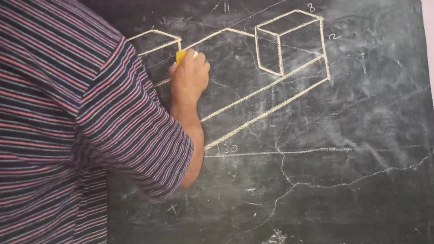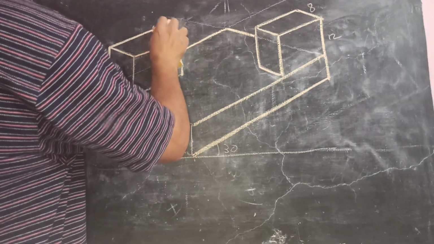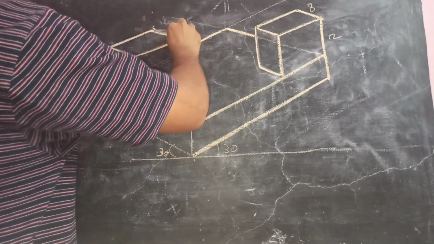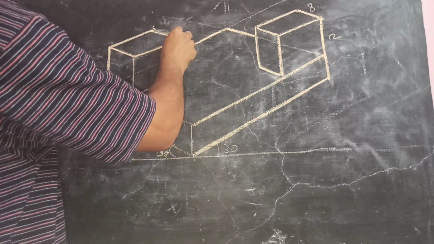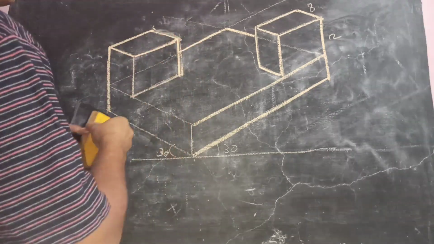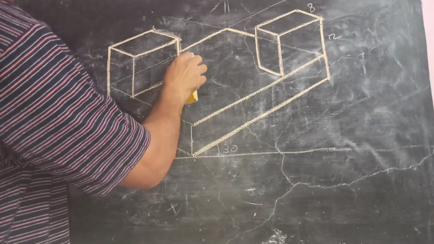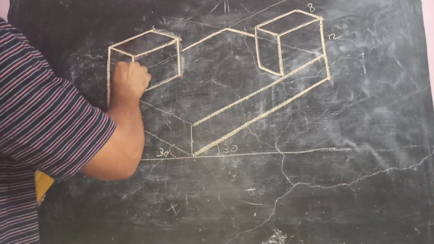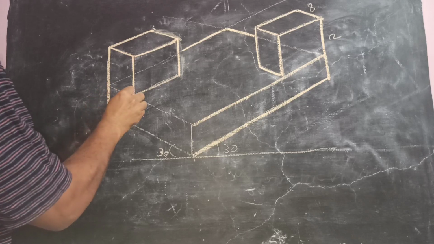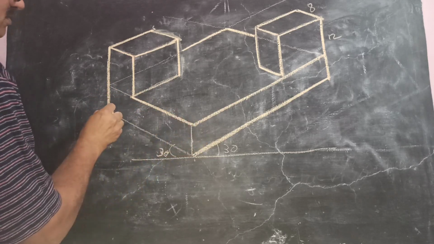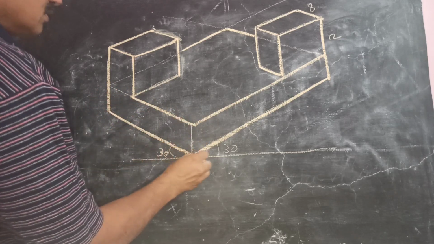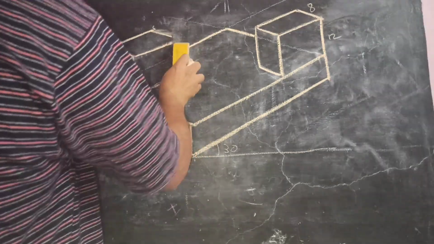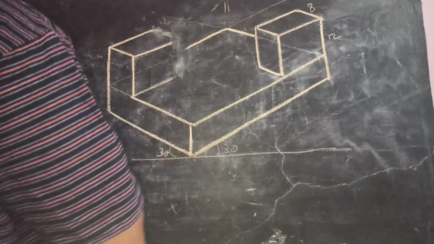You can see this is 8, this will be dark, this will also be dark. I will make it shorter than this.